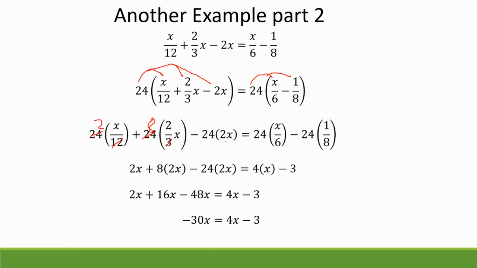24 times 2, that just becomes 48. 24 over 6, 6 is gone, 24 becomes our friend 4. 8's gone, 24 turns into 3.